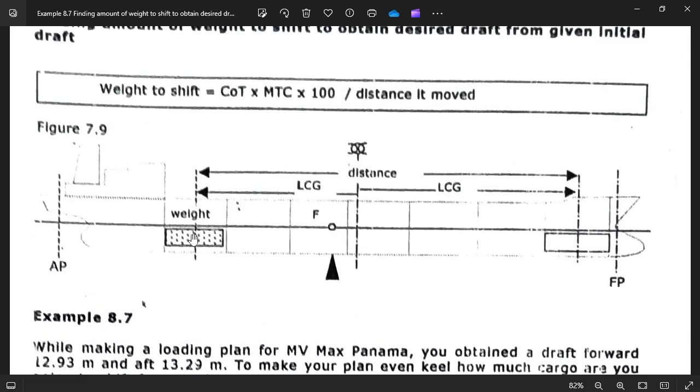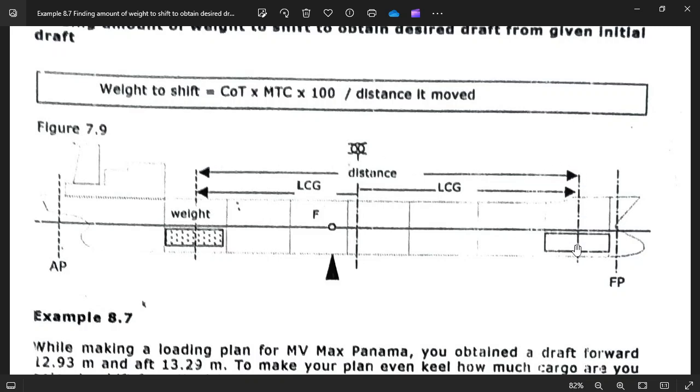You take out 230 tons here and put it to hold number 1, and you will have an even keel or zero trim. So the weight to take out or shift is 230 metric tons, and you shift it to number 1.